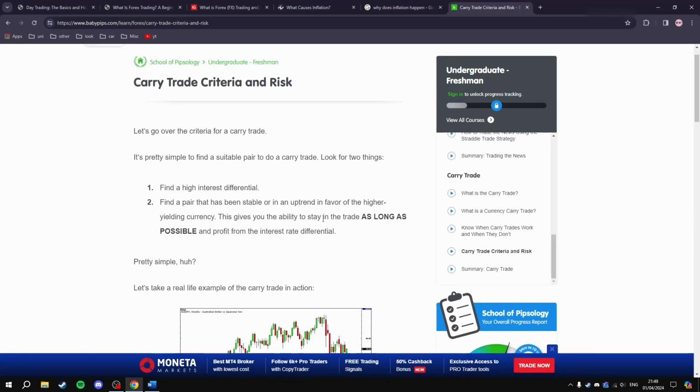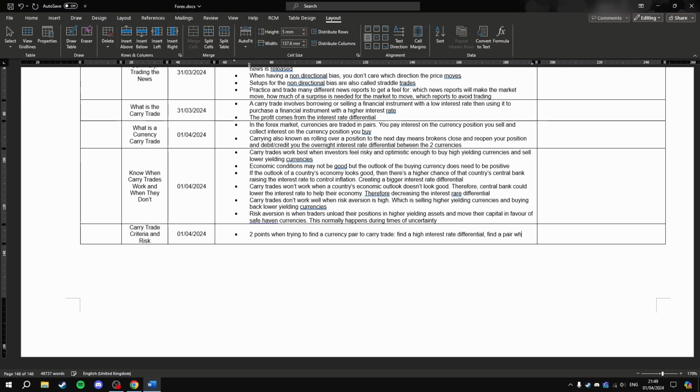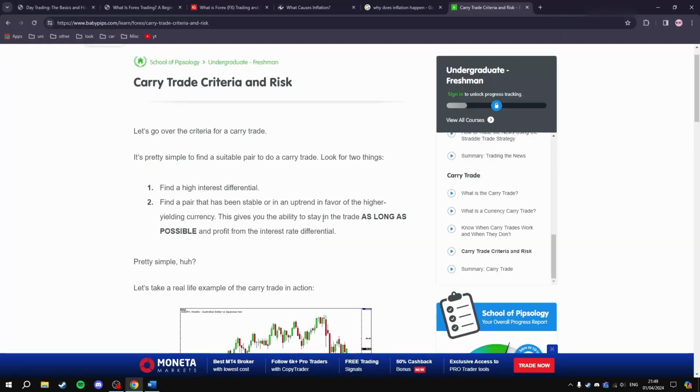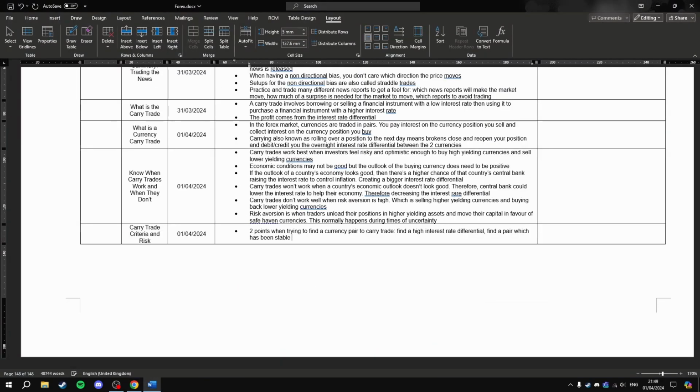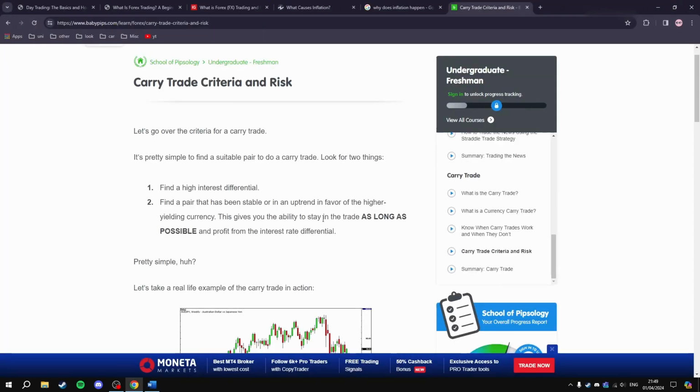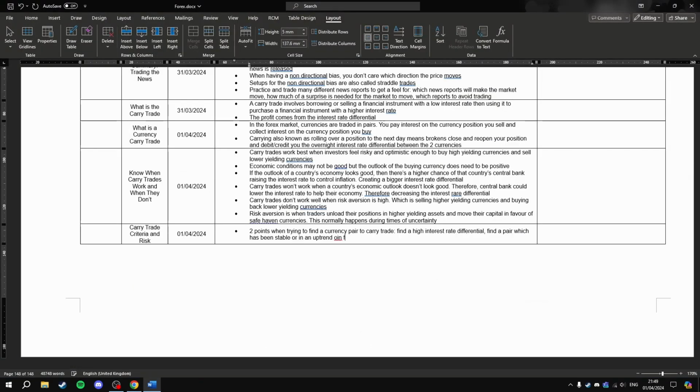Find a pair which has been stable or in an uptrend in favor of the higher yielding currency.